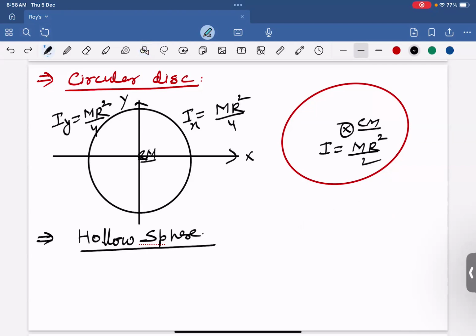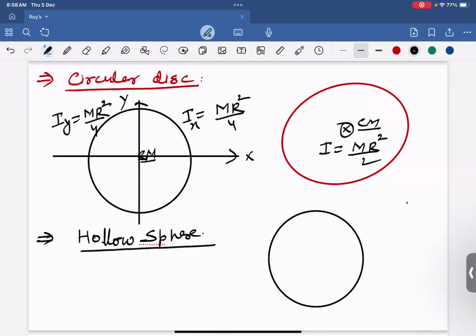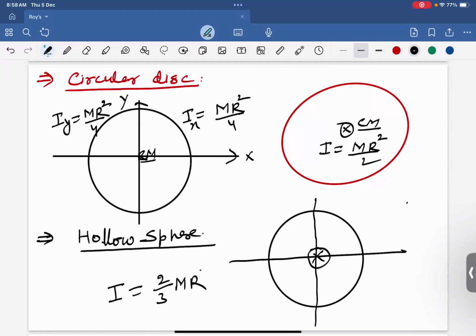That means, I can take this axis, or we can take this axis, or this axis. Here for all axes that pass through the center of mass, moment of inertia is going to be 2 by 3 mr square.